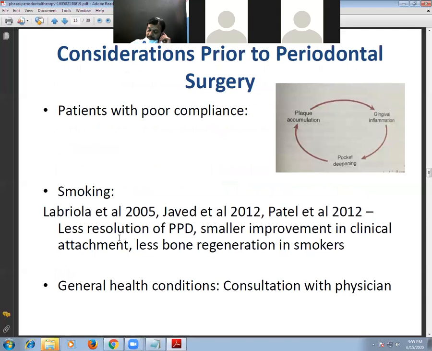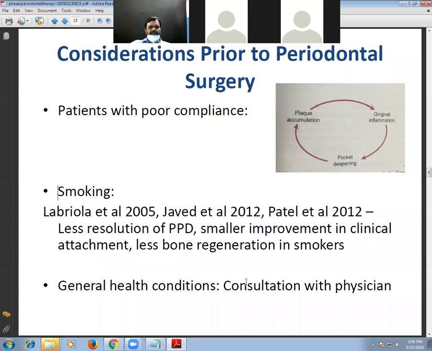Before performing periodontal surgery, we have to consider whether the patient has poor compliance. If the patient is poorly compliant, those cases should be contraindicated for surgical therapy. Patients who have a history or habit of smoking should also be contraindicated before performing any periodontal surgery.